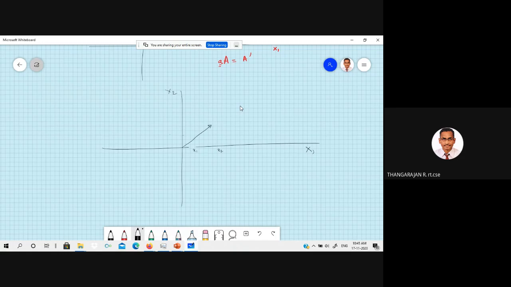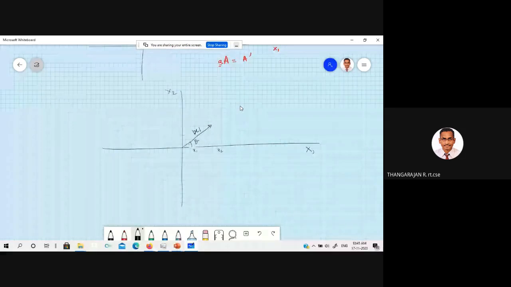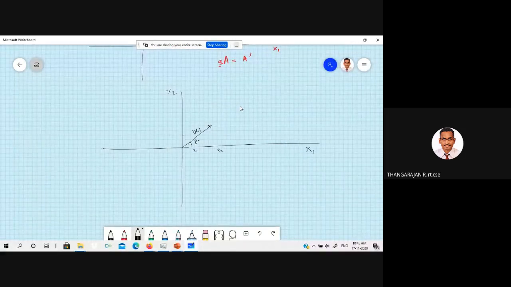Now I told you that it has a modulus, the magnitude, and a direction, and the direction is measured by the angle. Now this vector can be represented as follows. It has two components.